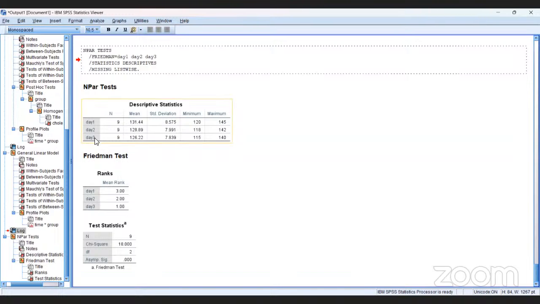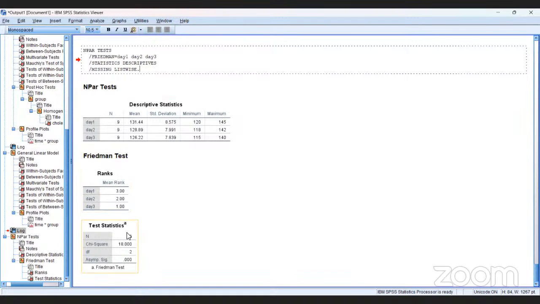So this is the day 1, day 2, and day 3. Three groups are there. But keep in mind, it does not tell you the group-wise difference. It can give you information about the day-wise difference, that is between days difference.